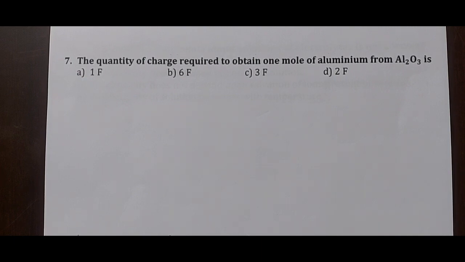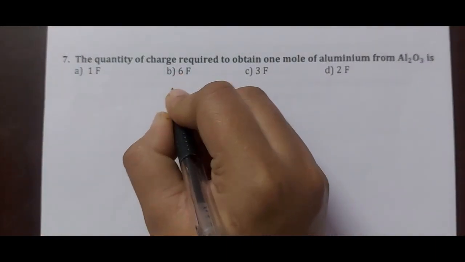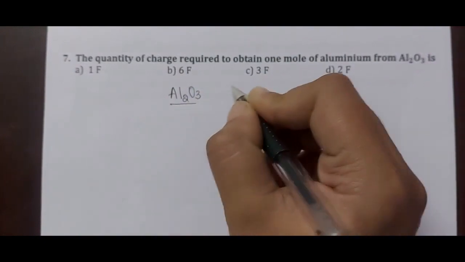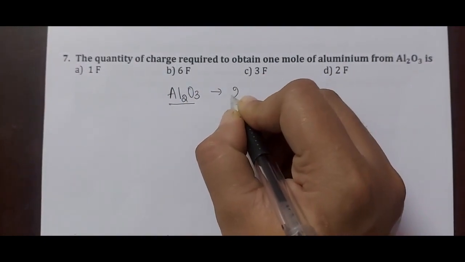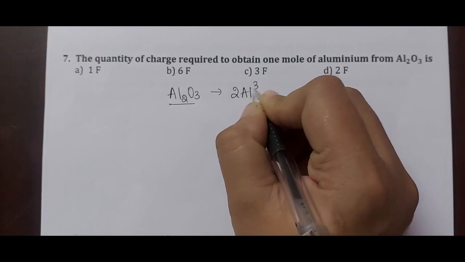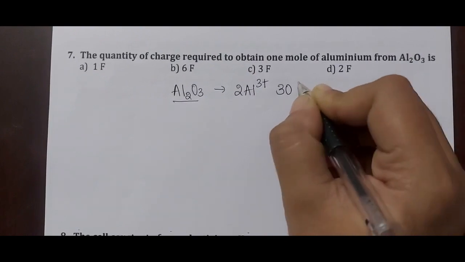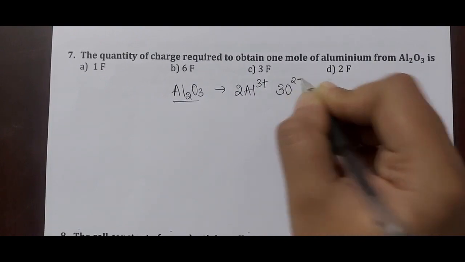So the next question is the 7th question, that is the quantity of charge required to obtain 1 mole of aluminium from Al2O3 is. So if you consider Al2O3, in Al2O3 we have 2 aluminium with a charge of +3 and 3 oxygens with a charge of 2 minus.